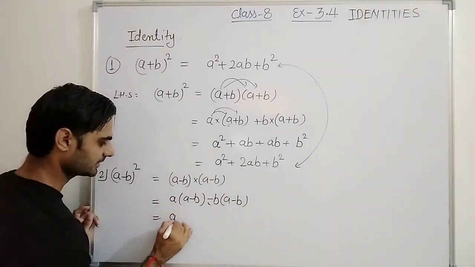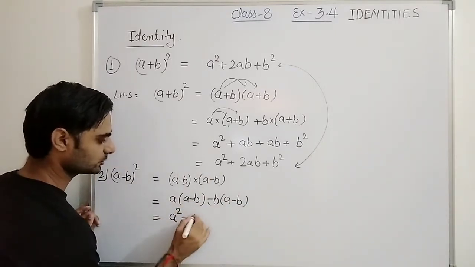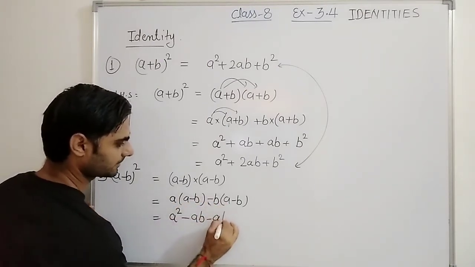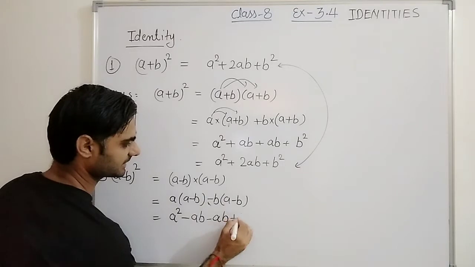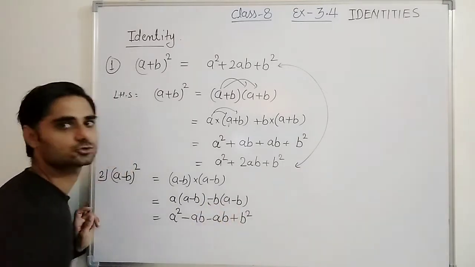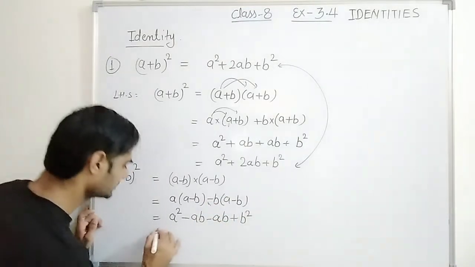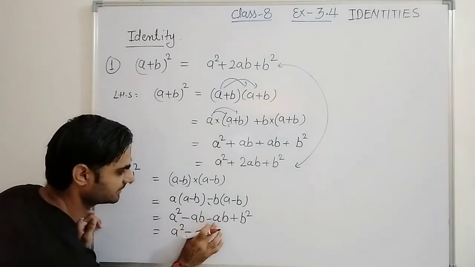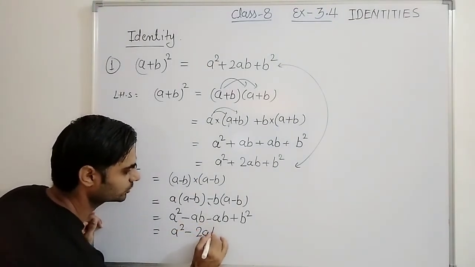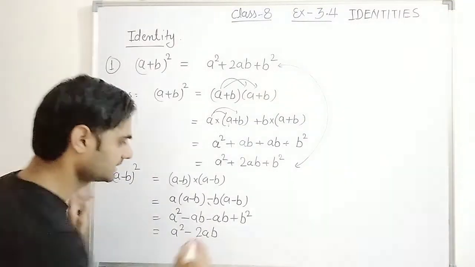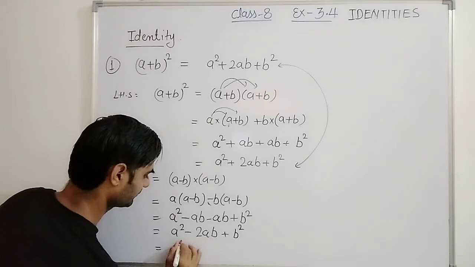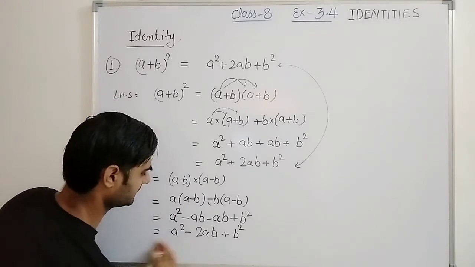a times a is a square, a times minus b is minus ab, then minus b times a is minus ab, minus b times minus b is plus b square, right? So this will be equal to a square minus ab minus ab, which means minus 2ab, and plus b square as it is. So this will be equal to a square minus 2ab plus b square.